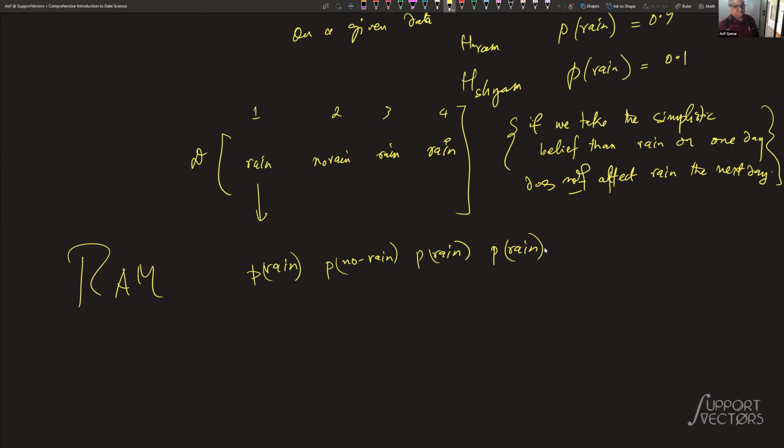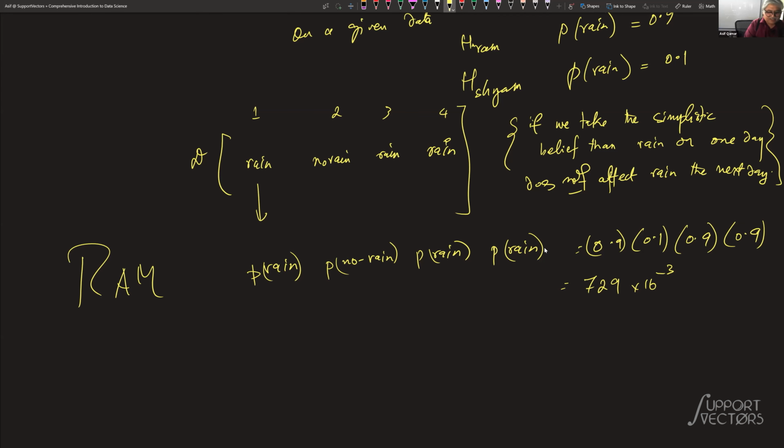Because the hypothesis says that, we have to take 0.9 times 0.1 times 0.9 times 0.9. Are we together? Does this make sense, guys? So that is equal to 729 times 10 to the minus 3.